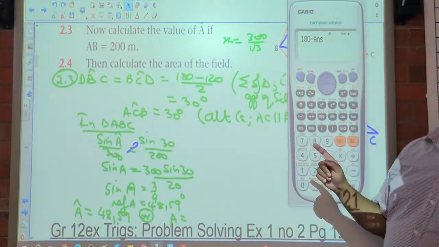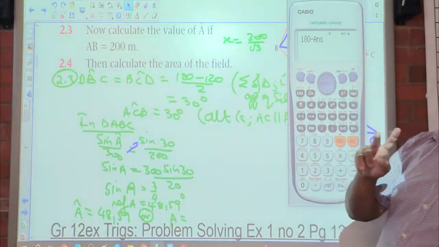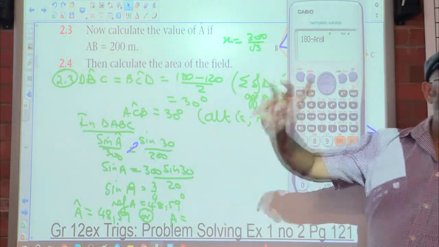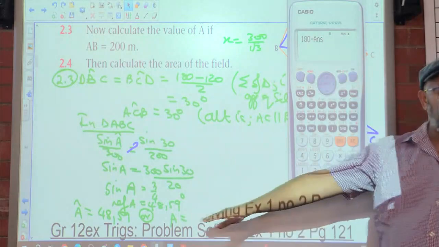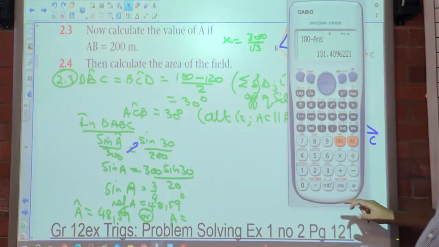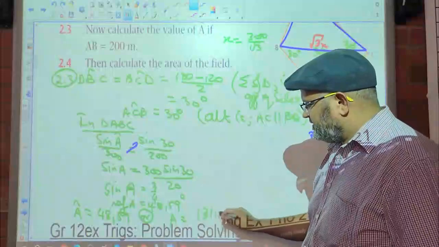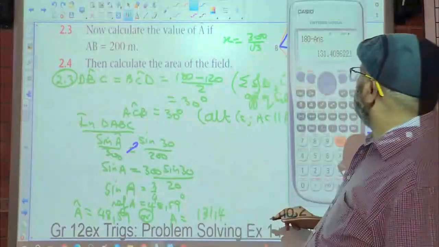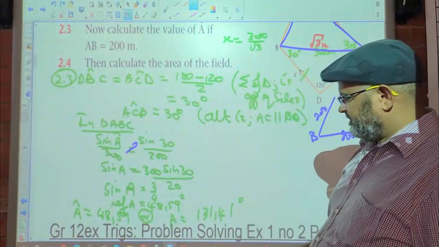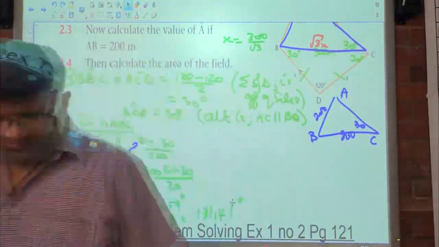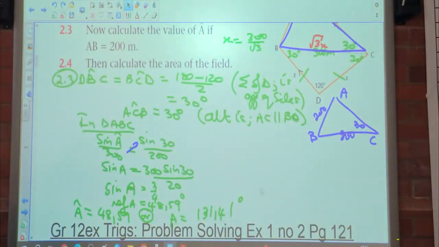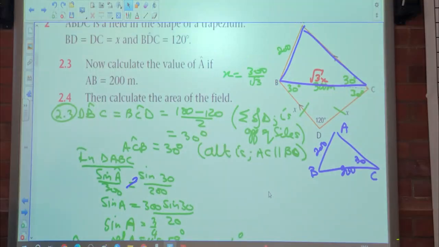Why 180 minus? Because it's in your second quadrant. Remember, sine is positive in quadrant 1 and 2, just like your general solution you did in grade 11. Okay. That is 131,41. So I'm going to write that in there.